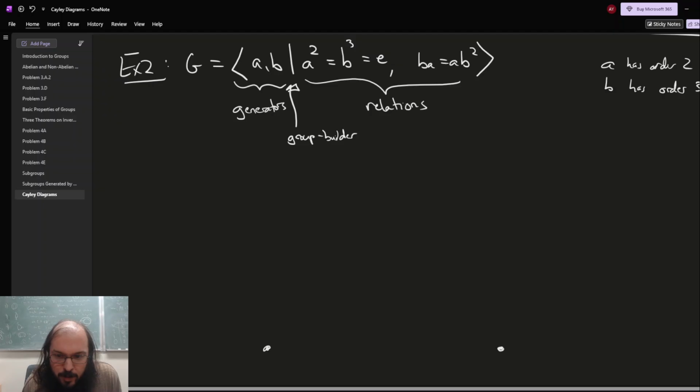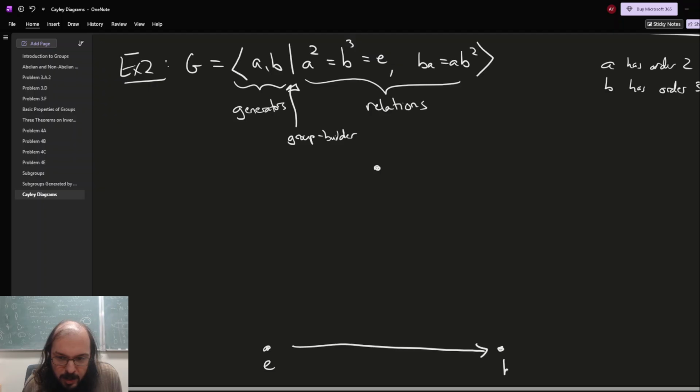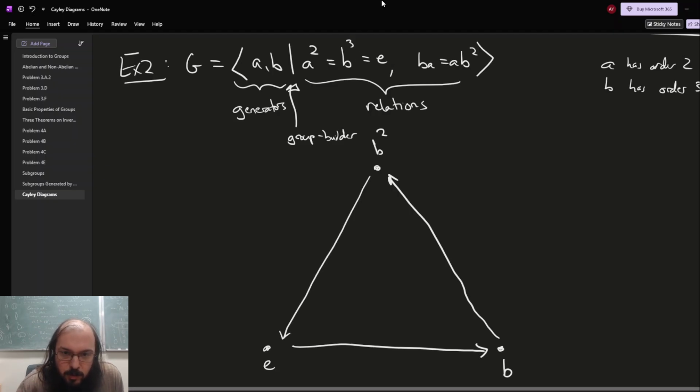I'm going to try to draw this kind of big so we have room to make the picture clear. So here is e, and then multiply by b to get to b, multiply by b again to get to b squared, then multiply by b again to get to b cubed, but b cubed is e.